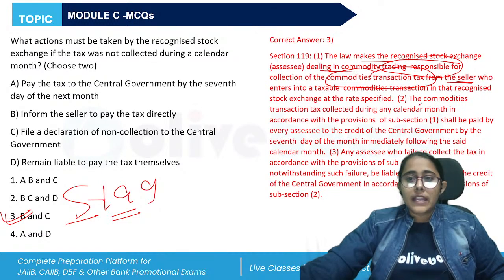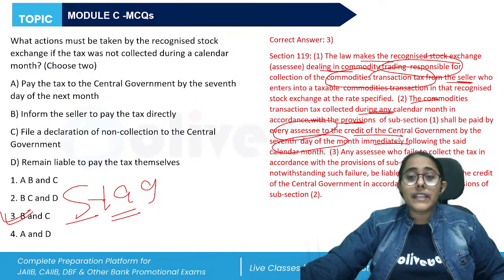Right? The commodities transaction tax collected during any calendar month in accordance with the provision shall be paid by every assessee to the credit of the central government by the seventh day of the month immediately following the said calendar month. All right?